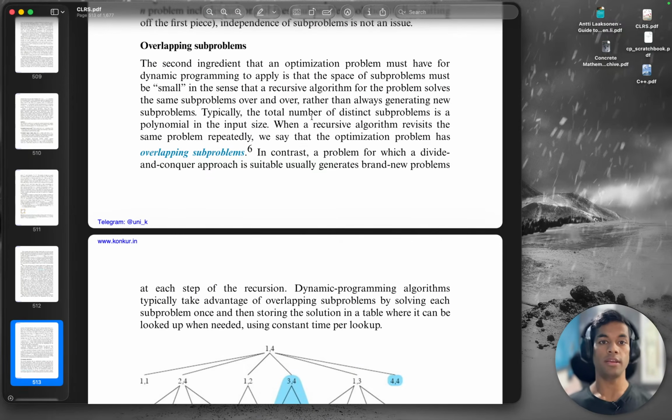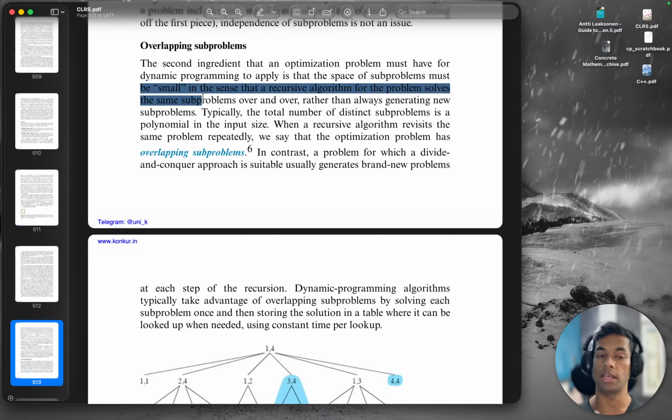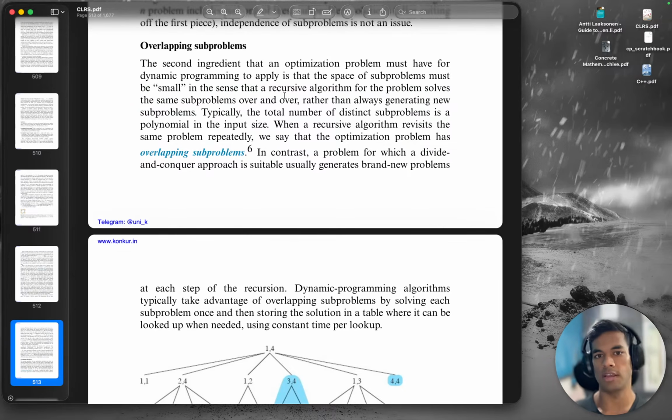The second ingredient that an optimization problem must have for dynamic programming to apply is that the space of subproblems must be small, in the sense that a recursive algorithm for the problem involves the same subproblems over and over rather than always generating new subproblems. That makes sense.